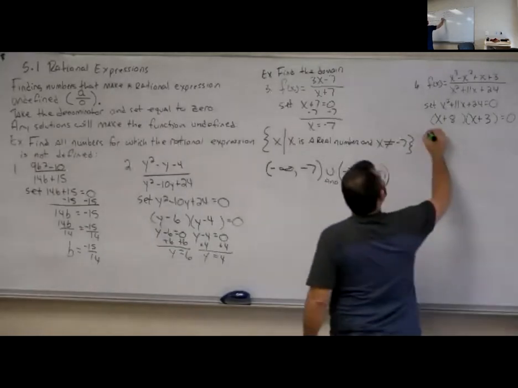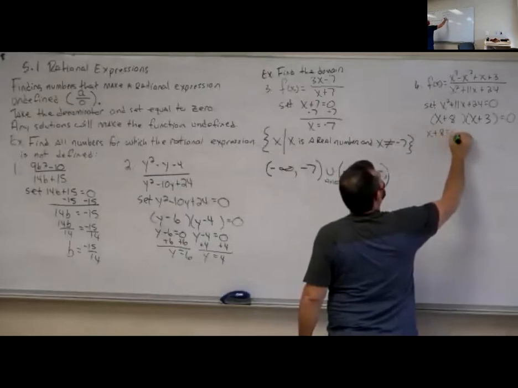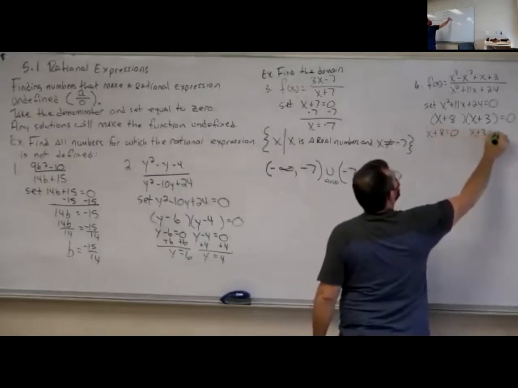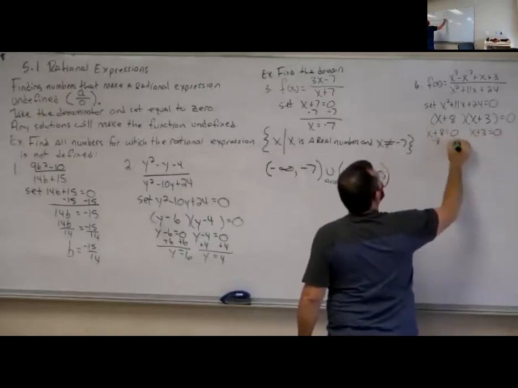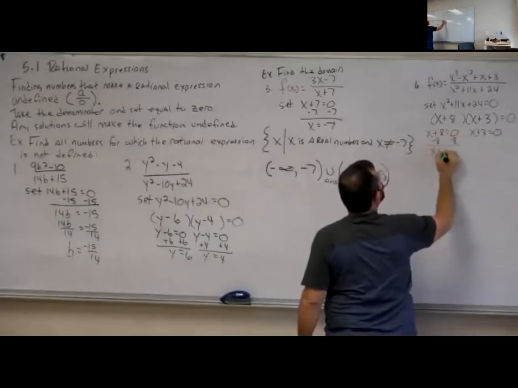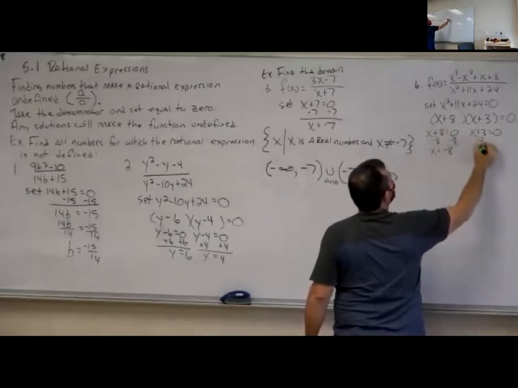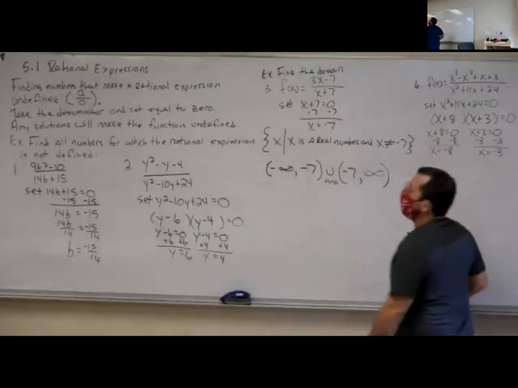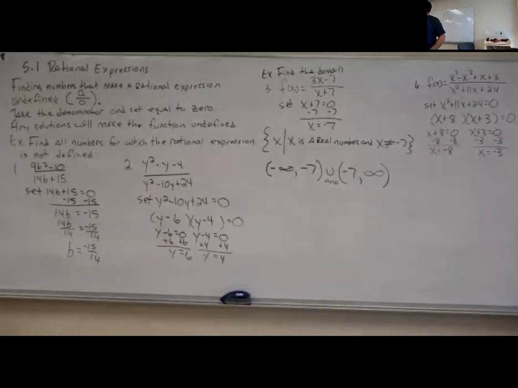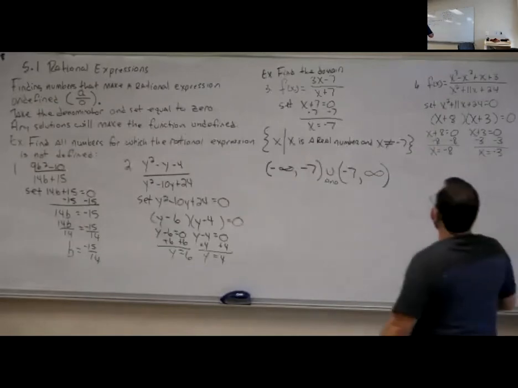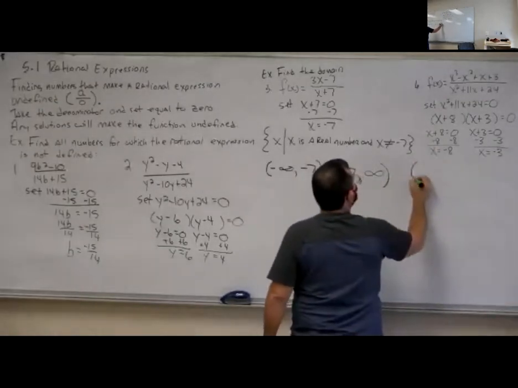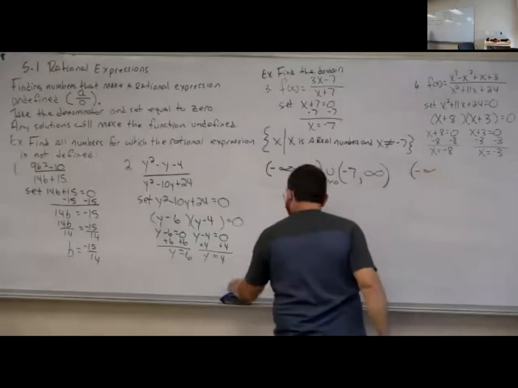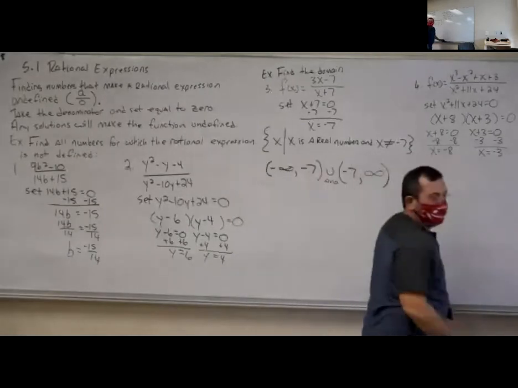So now I'll set both these to 0. Subtract 8 on the first one. Subtract 3 on the second one. So I've got 2 numbers I'm going to kick out this time. Oh, let me do the first part first. Let me think.